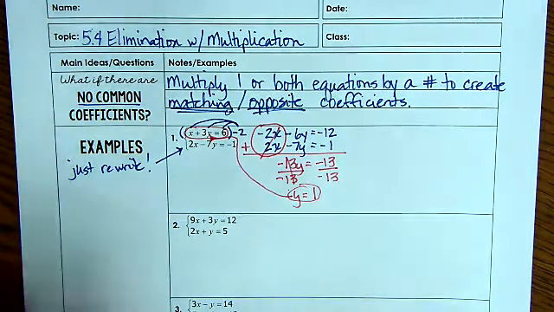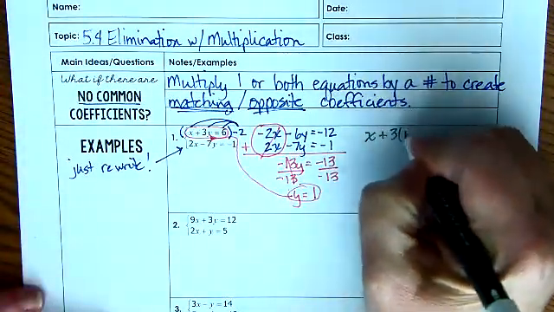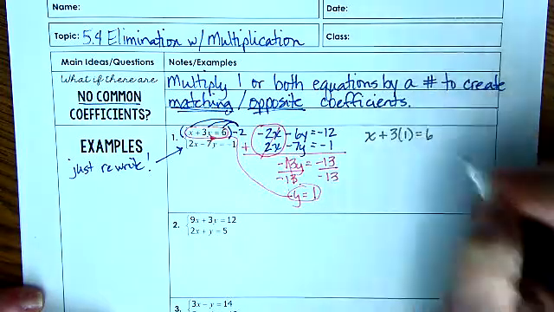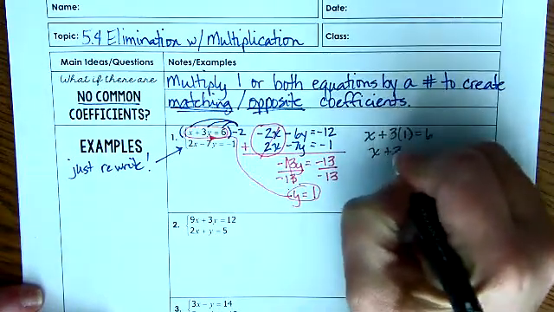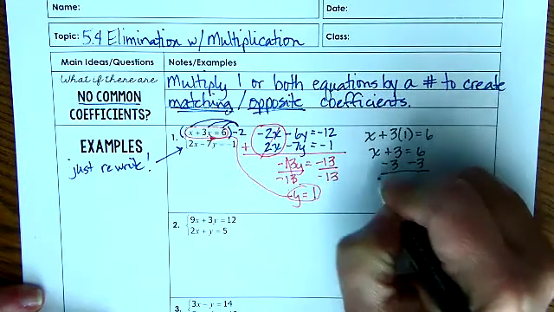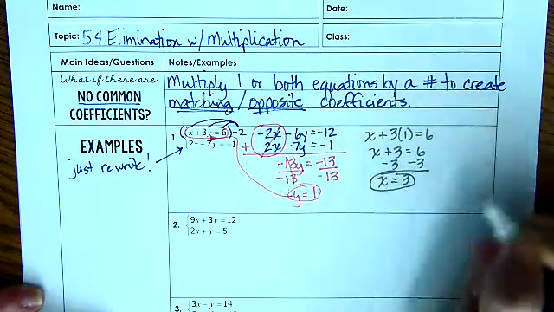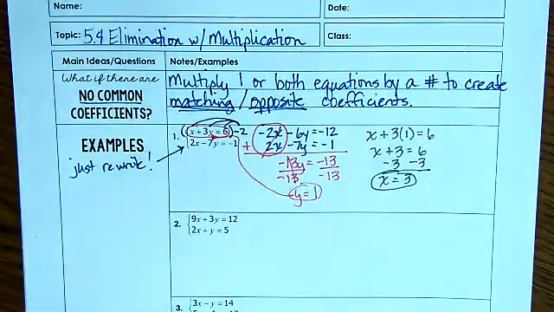So I've got x plus 3 times 1 equals 6. x plus 3 equals 6. Subtract 3, subtract 3. x equals 3. So now I have my x and my y.